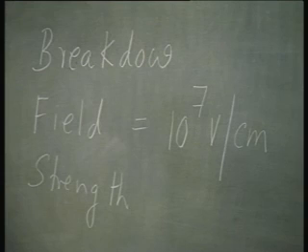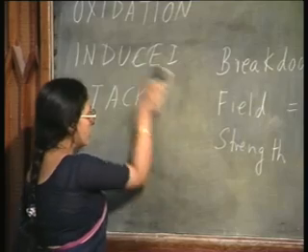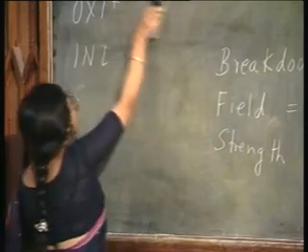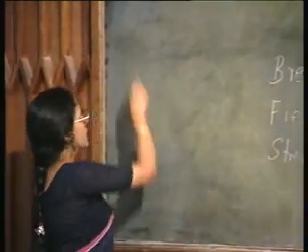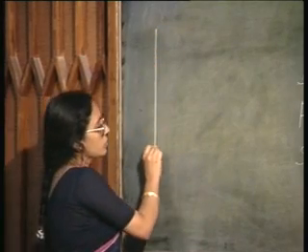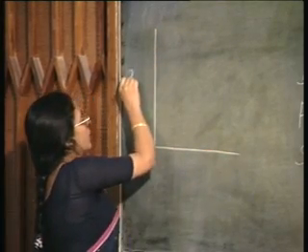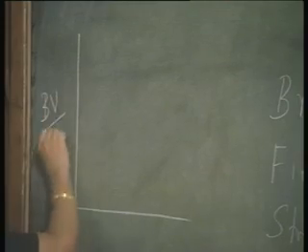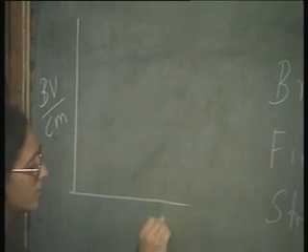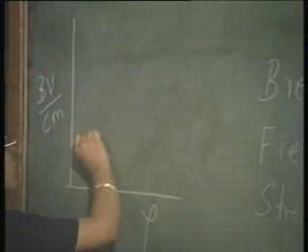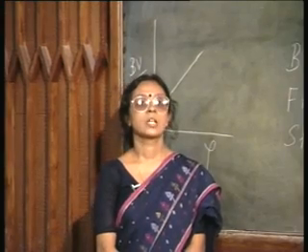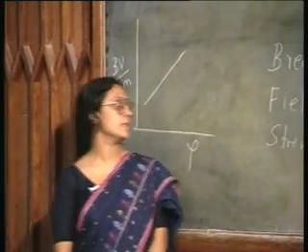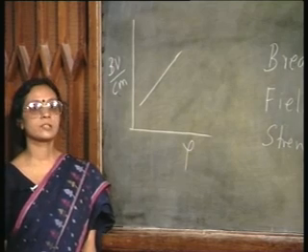That is what it signifies, that the breakdown field strength of the oxide is 10 to the power 7 volts per centimeter. And there is also another interesting point about the breakdown field strength, that is, it is proportional to the density of the oxide. So, if I plot the breakdown field strength versus the density, it follows a linear relationship. That is, the more dense the oxide is, the higher its breakdown field strength should be.